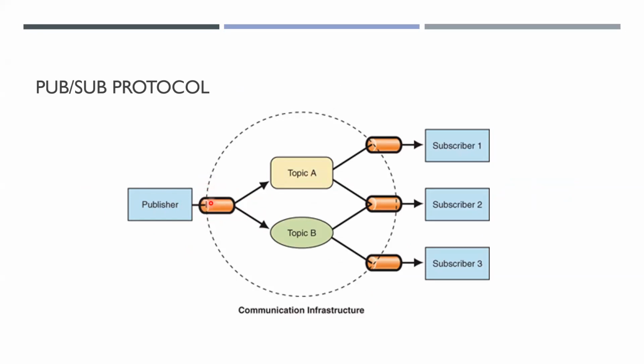But this question mark will take the information, pass it to topic A, and pass it to topic B. And then we have the subscribers at the end. They are subscribed to topic A, or both, or only topic B, and they will get the information sent by this publisher. Then everything will be controlled by this question mark.